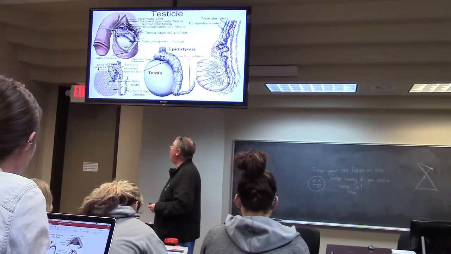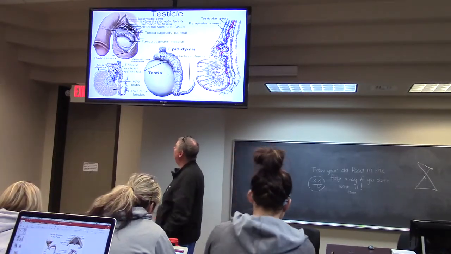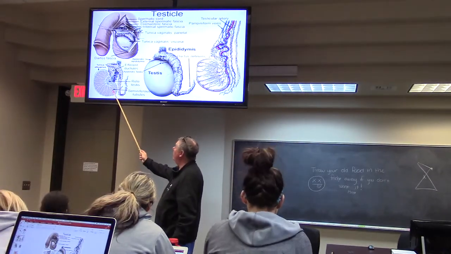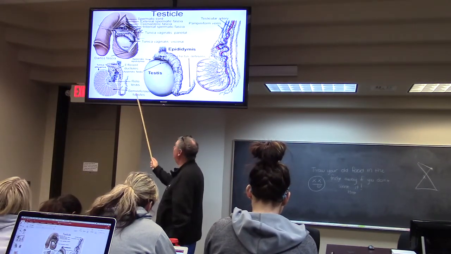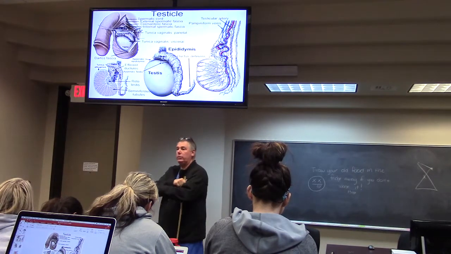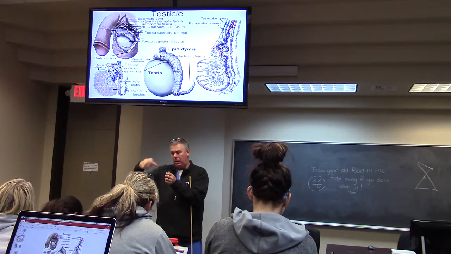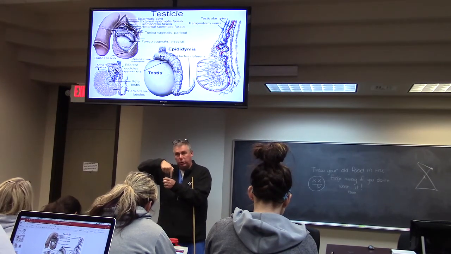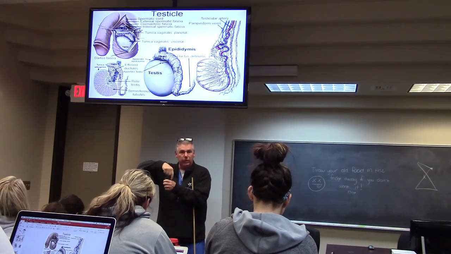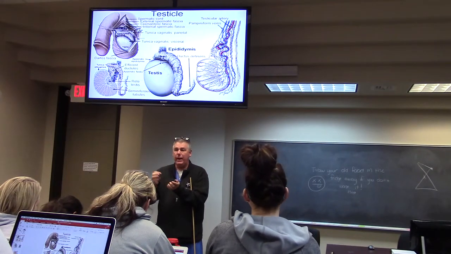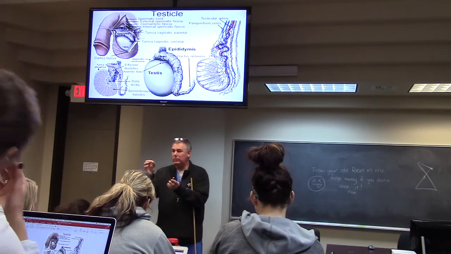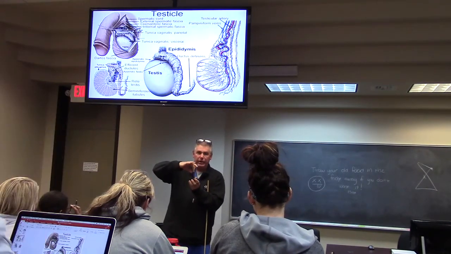All right, so let's talk about the testicles here for a minute. The testicles are full of miles and miles of seminiferous tubules. I encourage you to take a testicle and cut it open lengthwise with a good, clean, sharp scalpel. Then take a pair of fine scissors or pickups and just reach in there.